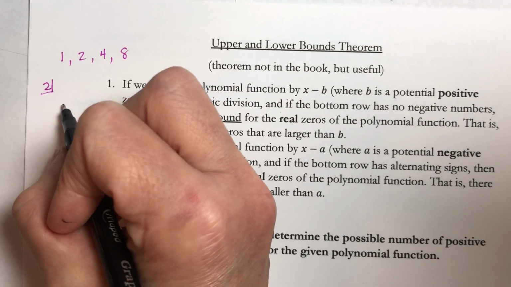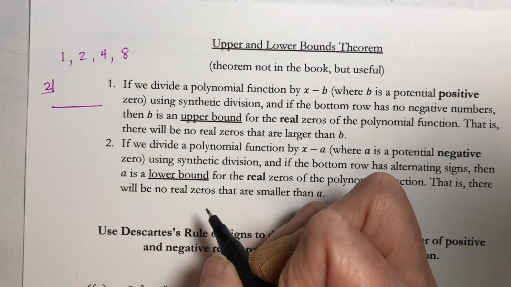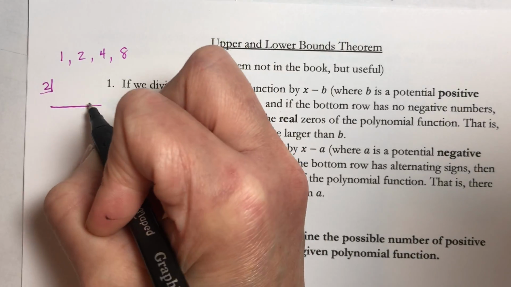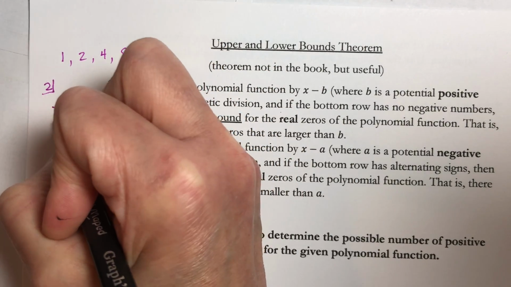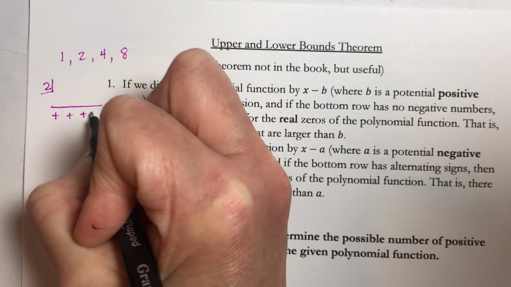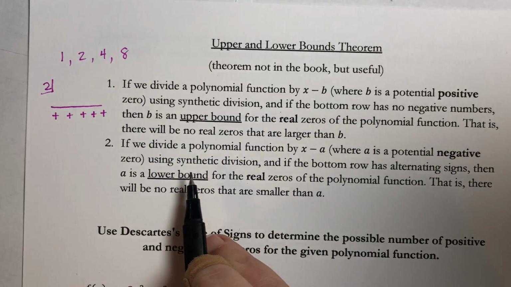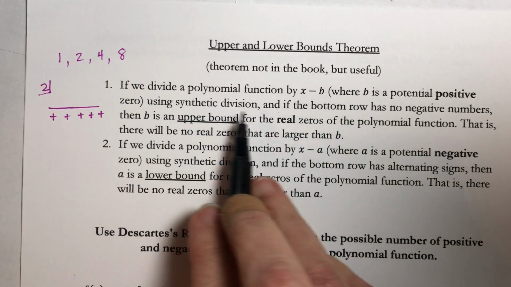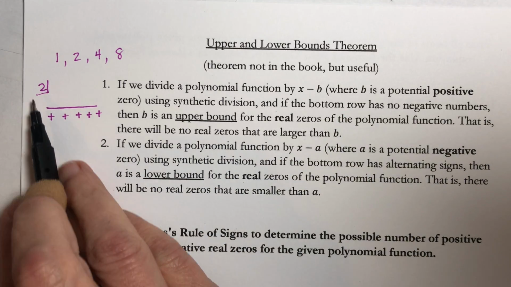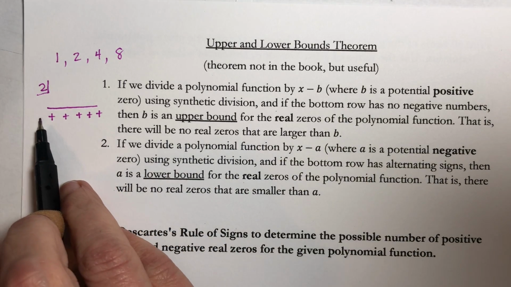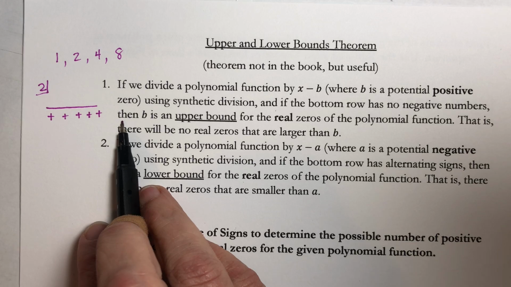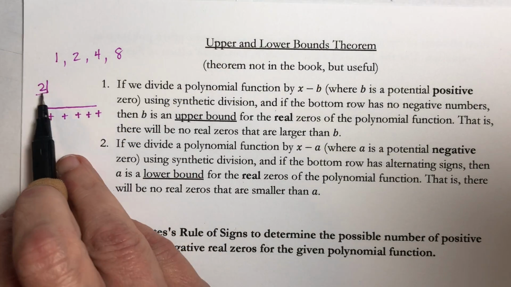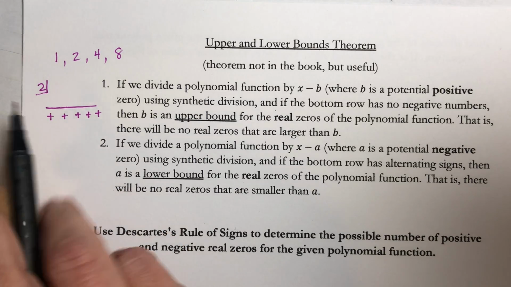If I'm checking 2 in synthetic division, it doesn't necessarily have to work out, I might have a number as my remainder, but if I have positive numbers all the way across the bottom, even if this 2 does not work, then I know that no number larger than 2 will work.